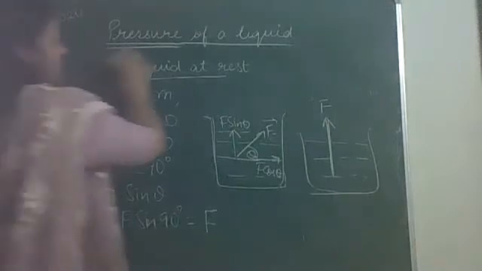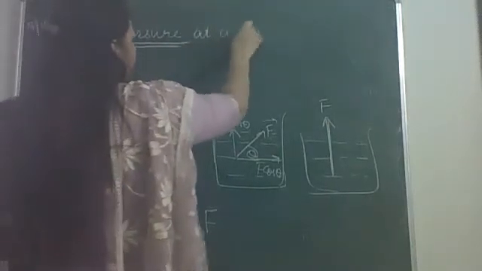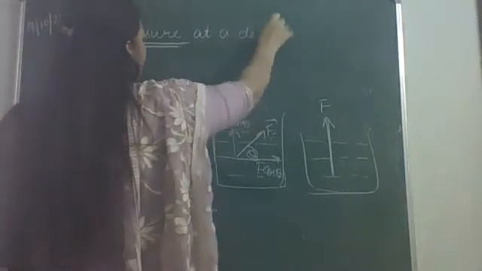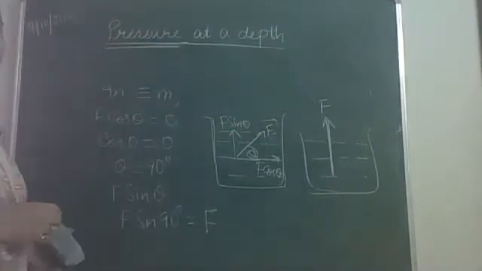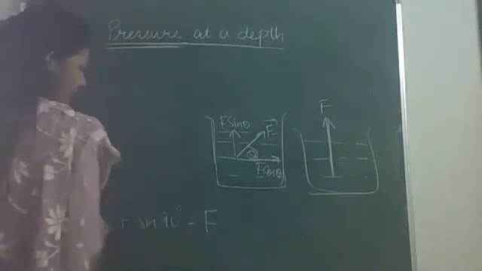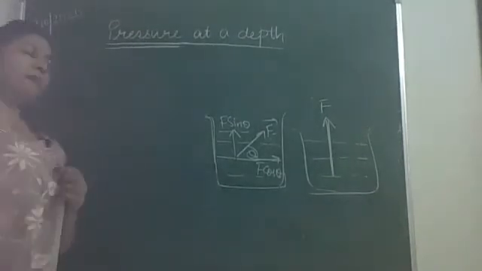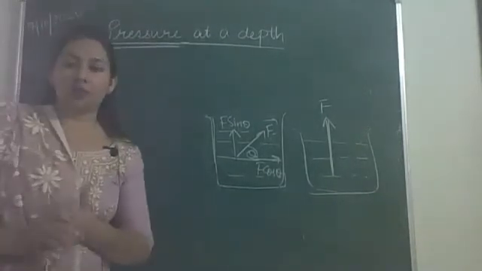So next is pressure at a depth. The formula that we are using is P = h rho g. We are going to derive this formula, and you all know pressure increases with depth. That is why the bases of swimming pools are made very strong.